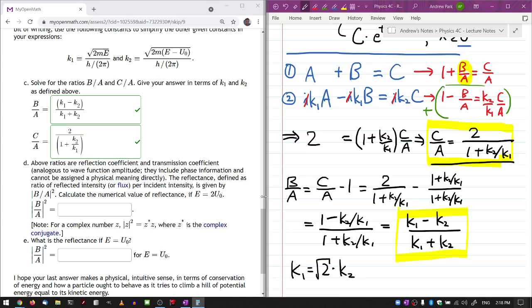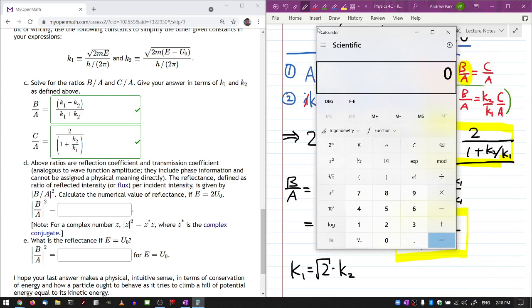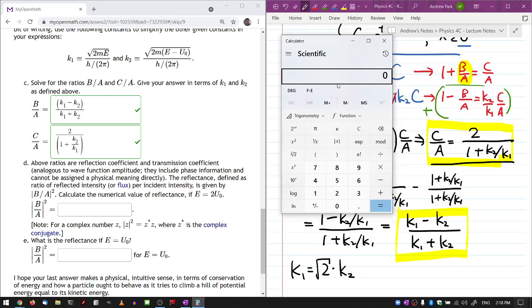Because I'm taking a ratio, all the factors of the unit of k2 will cancel out. So I can just do k1 minus k2 as the square root of 2 minus 1, divided by the square root of 2 plus 1.